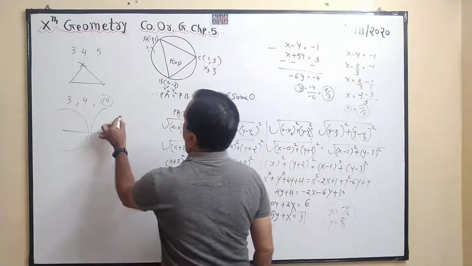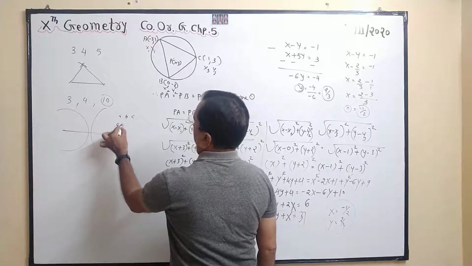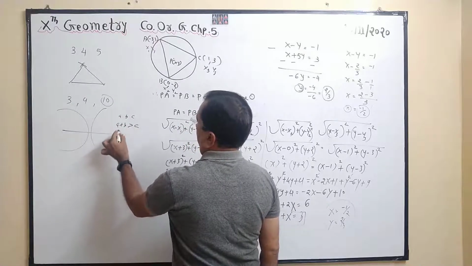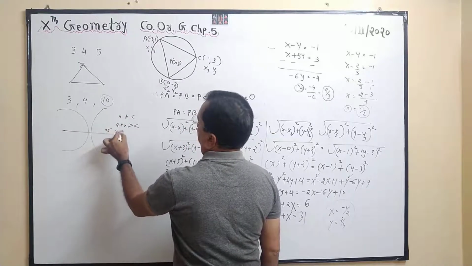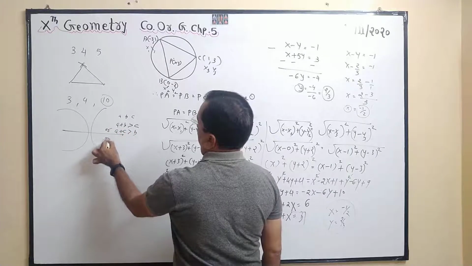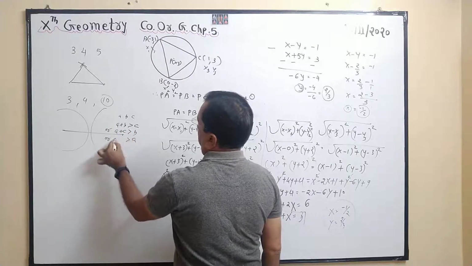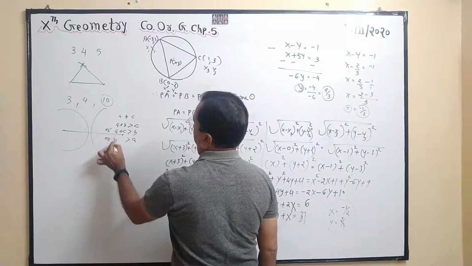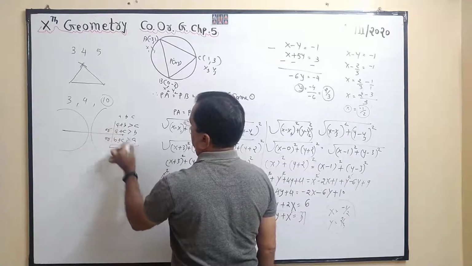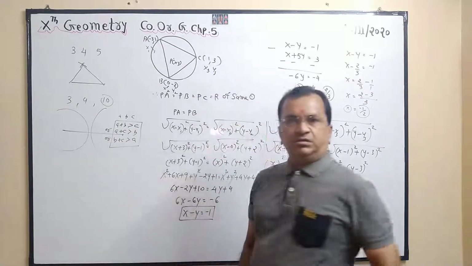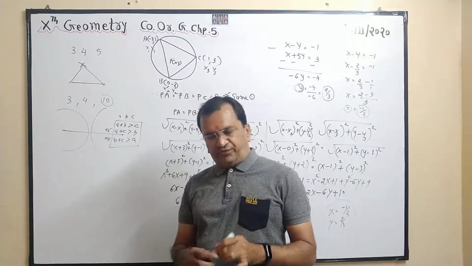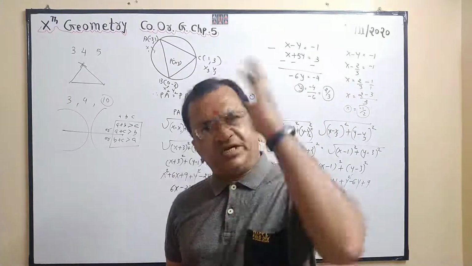So always if A, B and C are given, then A plus B is greater than C, or A plus C is greater than B, or B plus C is greater than A. Correct. Sum of two sides is always greater than the third.